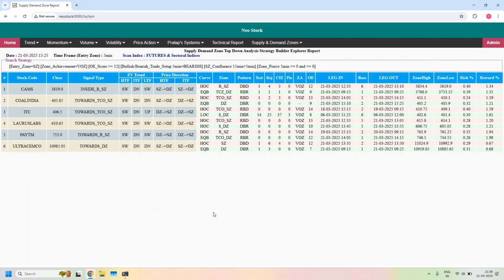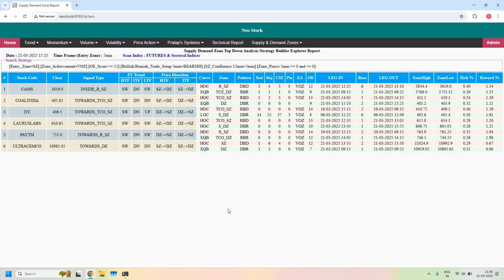We got 6 stocks out of 7. In all the 6 stocks, the 5 minute supply zones are overlapped with 15 minute supply zones. And the 15 minutes trend, ITF trend, is down in all the stocks.